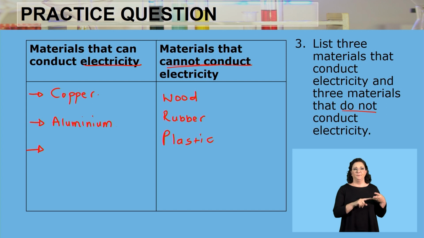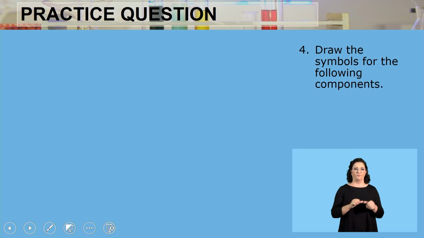And then lastly, we can think of gold maybe. We can even write silver, because those ones are also substances that do allow electrical current to pass through. So now moving on to our next question.